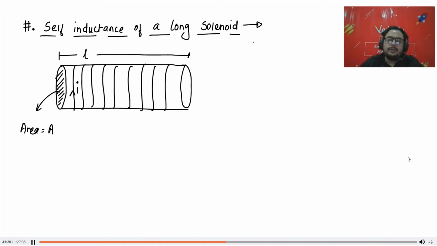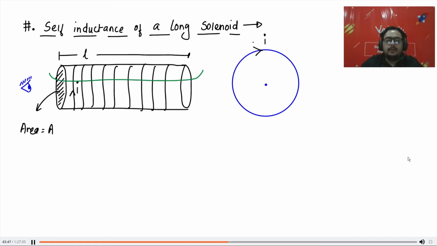As I told you, self-inductance only depends on shape, size, and number of turns, such things. If you look from this side, you will see something like this, and the current would be flowing in one direction, like this. Now there is obviously a magnetic field inside the solenoid. We all know this. I am going to turn on the chat and ask: what is the magnetic field inside the solenoid? Let me see who can answer the fastest.